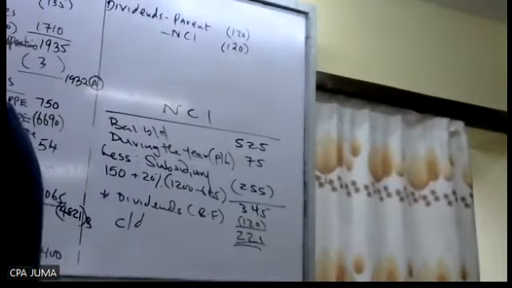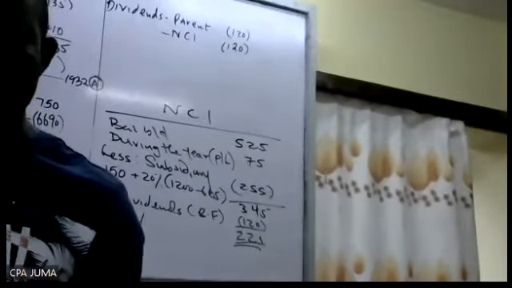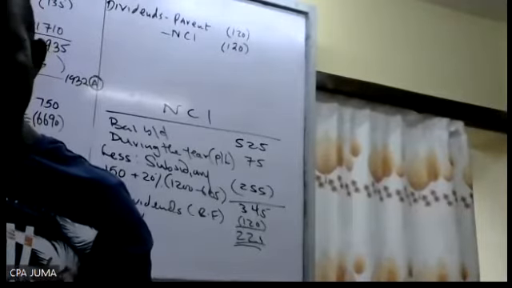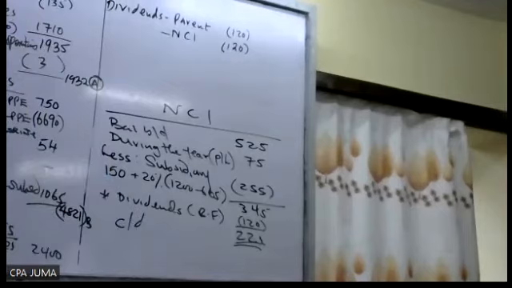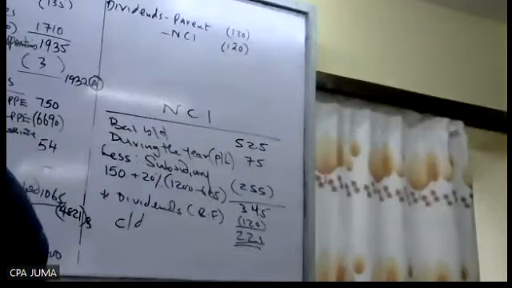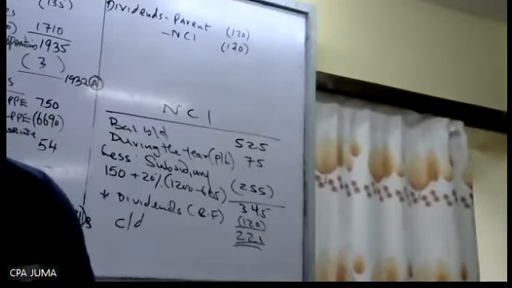Who has a question? The 1200 is coming from where? Can't trace it. Those are small things. Who is answering you there? Elizabeth.